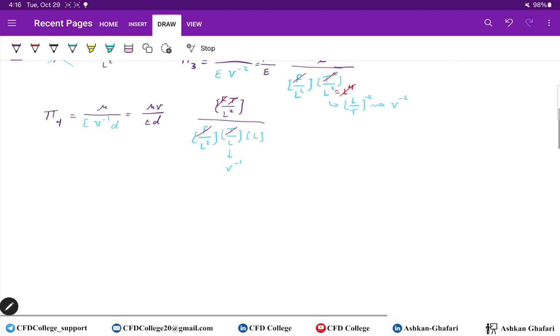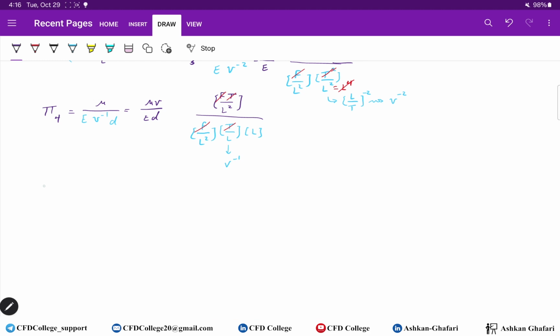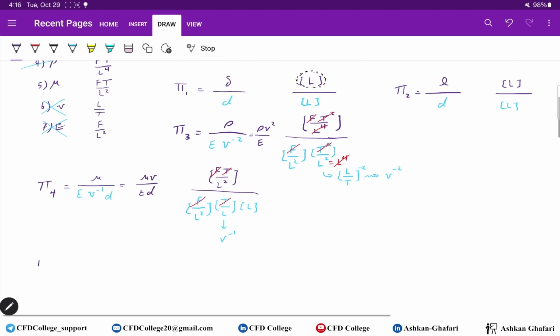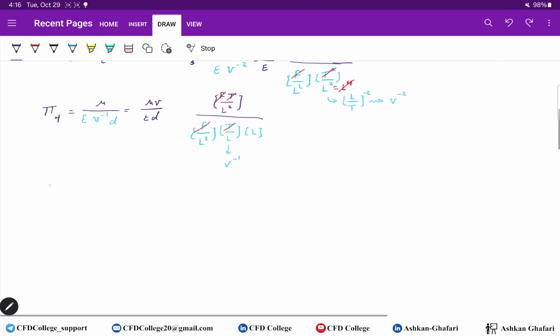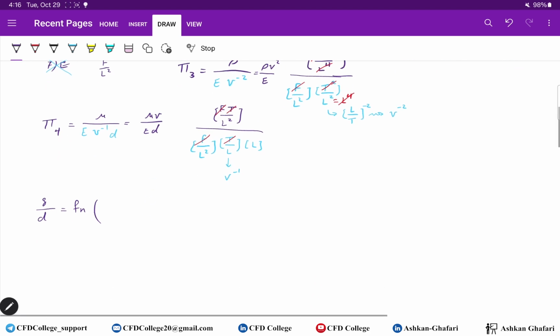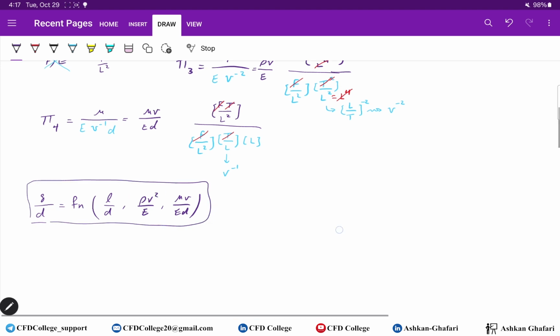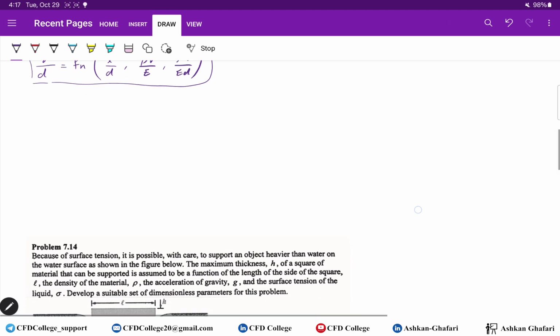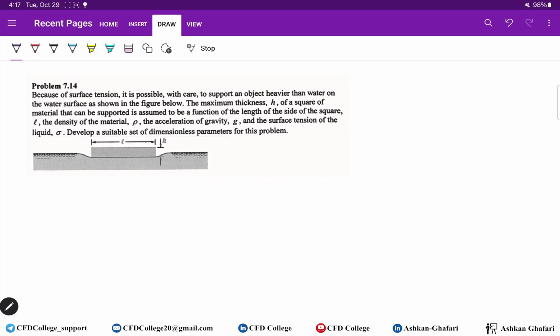So the final answer to this problem is pi 1, which is delta over D, equal to the function of pi 2 L over D, pi 3 rho V square over E, and pi 4 mu V over E D. This is the final answer. Don't forget that.